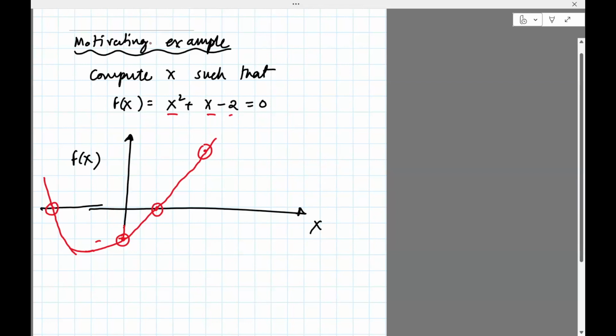One root is x equals 1. What's the other root? Is it minus 2? Yes, it's minus 2. So this is x equals minus 2.